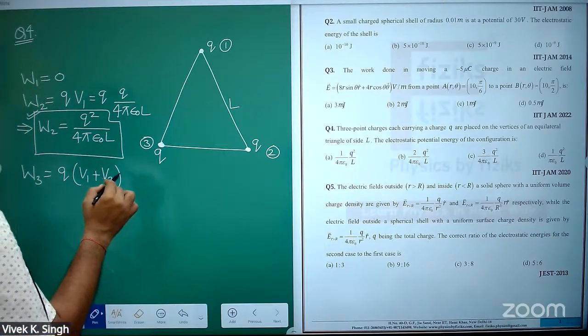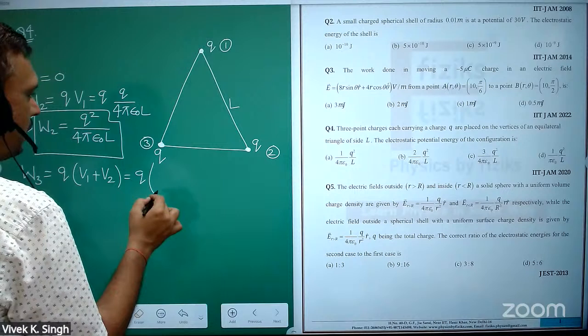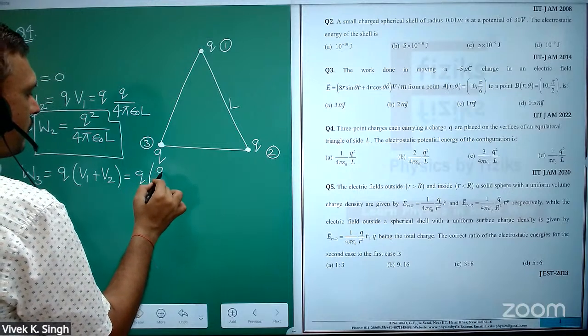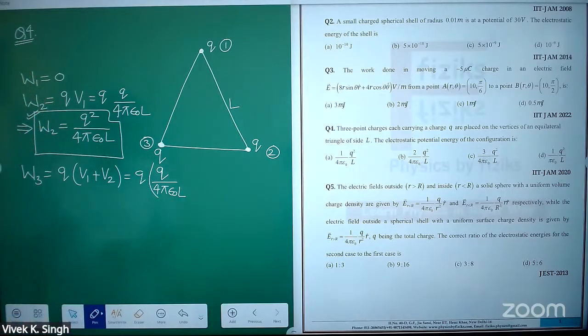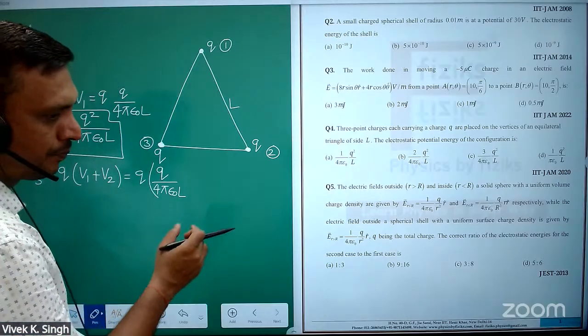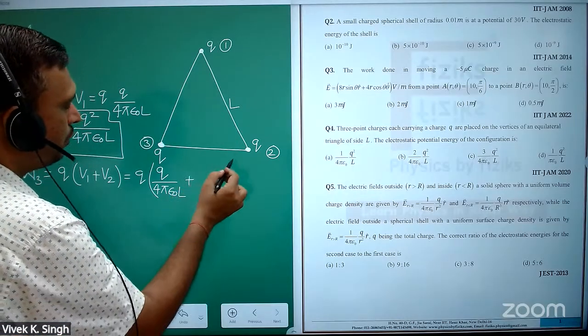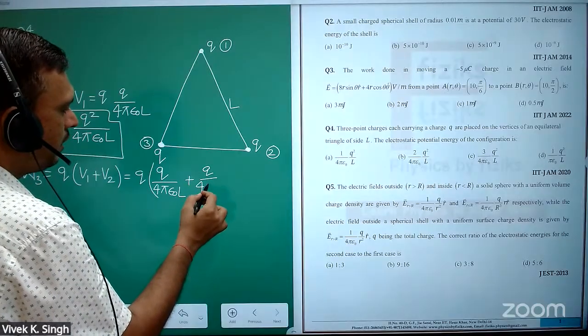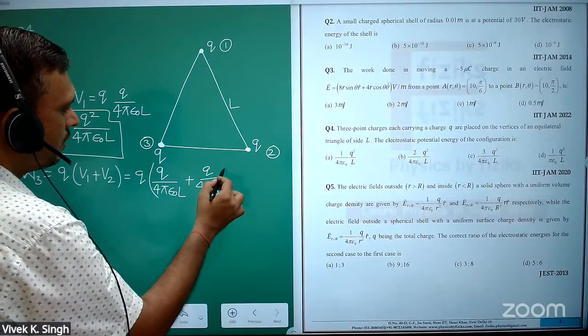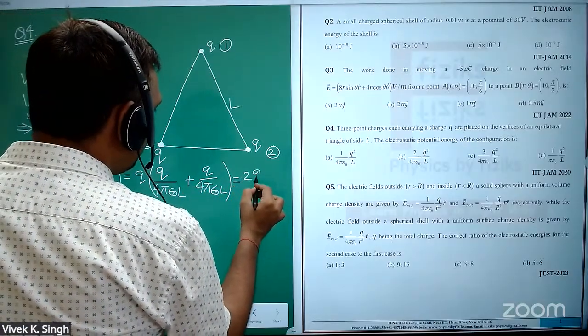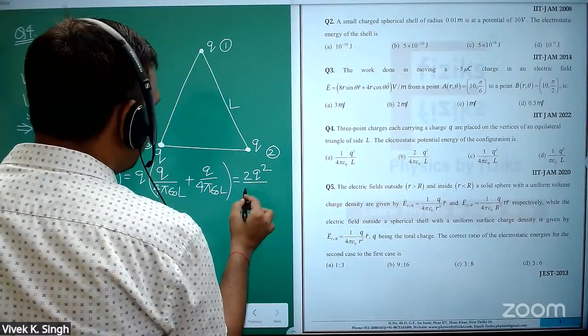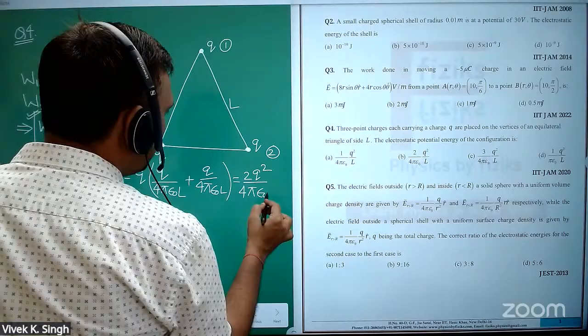V1 is Q by 4 pi epsilon 0 L, and V2 is also Q by 4 pi epsilon 0 L. So this will be 2Q square by 4 pi epsilon 0 L.